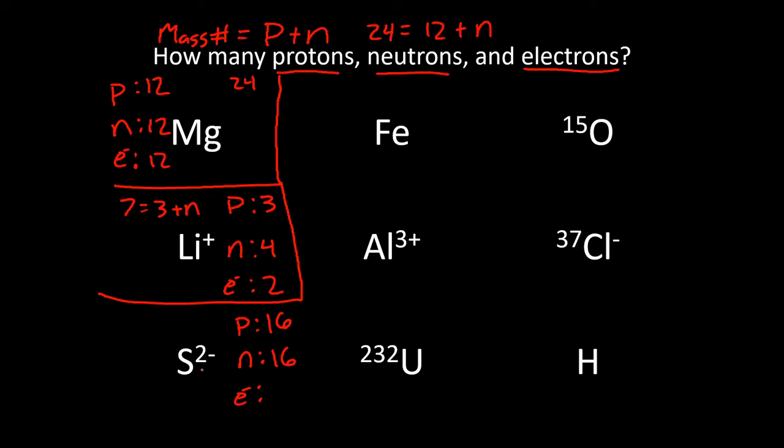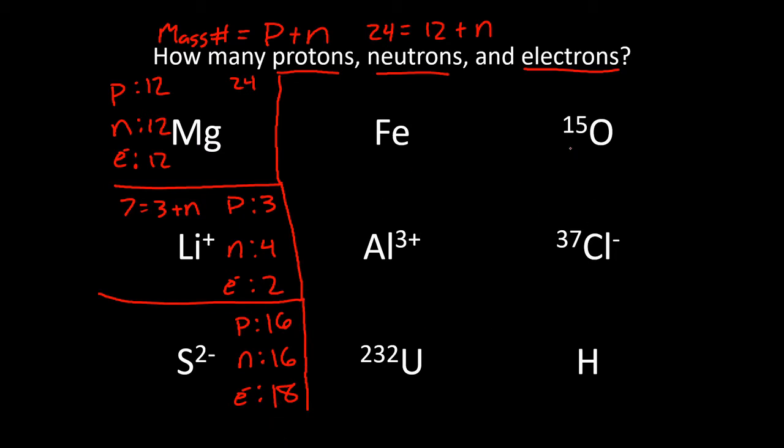The charge is -2. Usually that's written with the number first like this, so it's 2 minus is the charge. That means we have 2 extra electrons as compared to the protons. So we have 18 electrons. We have 2 extra negative charges.